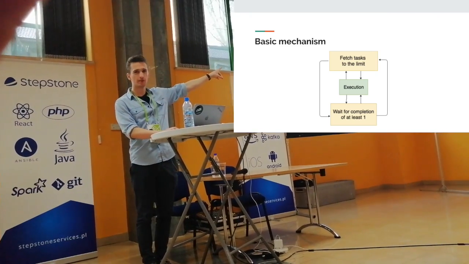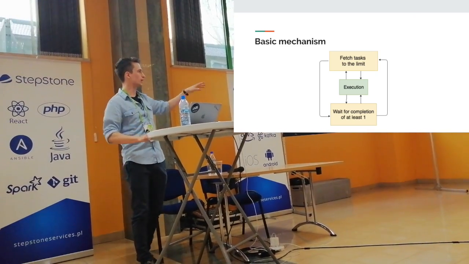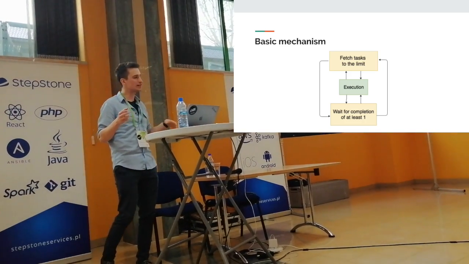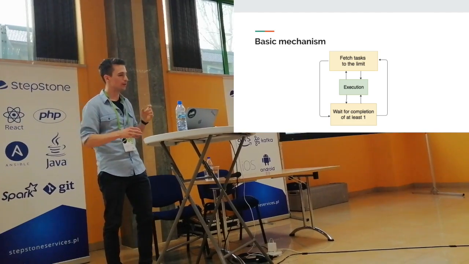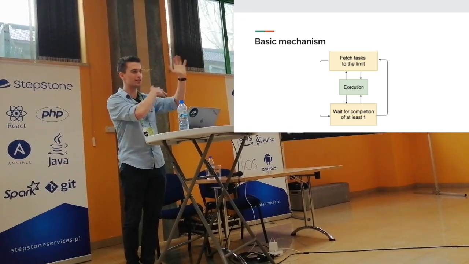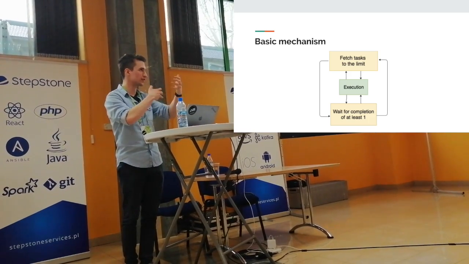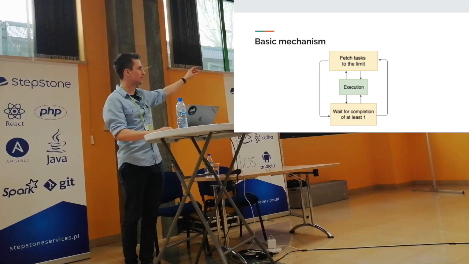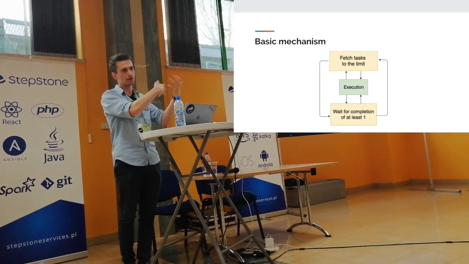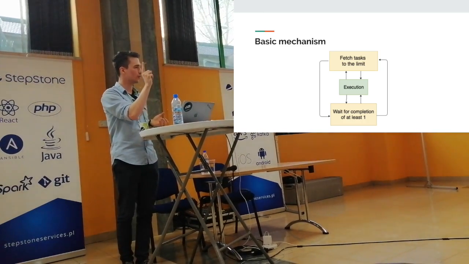So one state of the worker is fetch tasks to the limit, and another state is wait for completion of at least one task. This may not seem intuitive at first, but what we're doing here is basically fetching to the limits, and those tasks are processing concurrently inside the process. Then if we are full, we are waiting for at least one of those tasks which are still processing concurrently to complete.